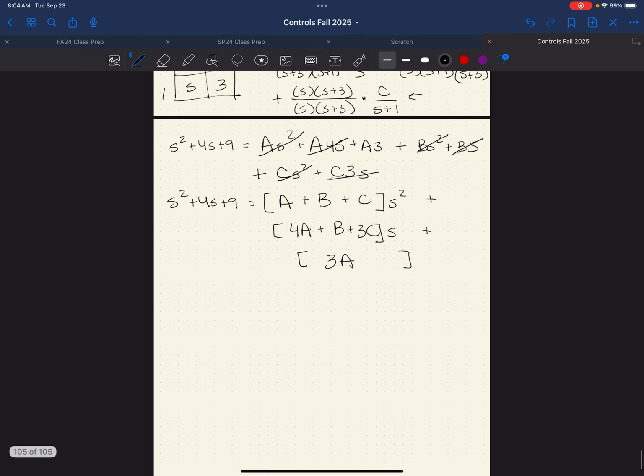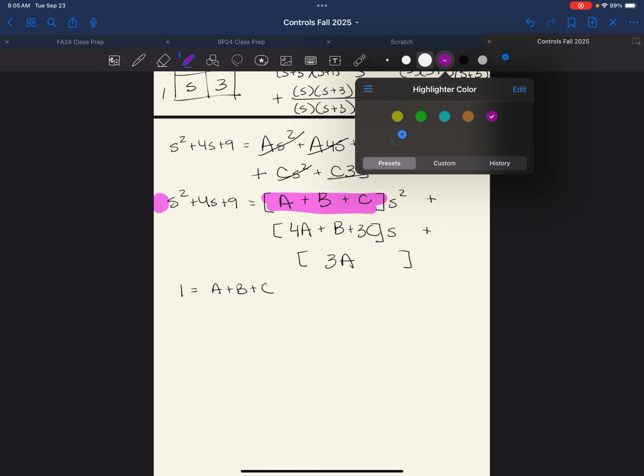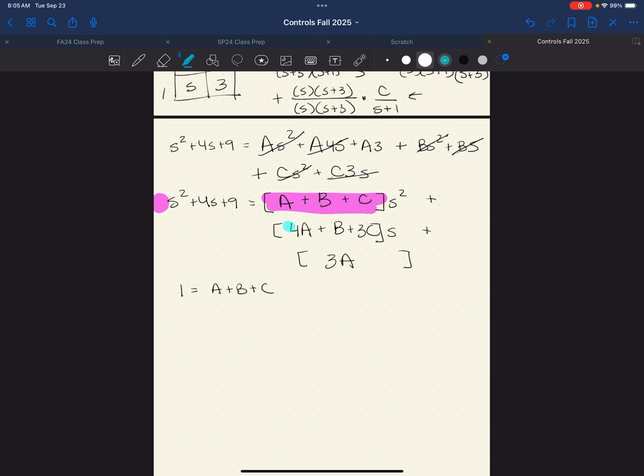Okay, so this induces 3 equations for us. I need everything in this to be equal to the coefficient times s squared, so that is just 1. So 1 equals a plus b plus c. I need everything over here to be equal to the coefficient of s, so that's 4.